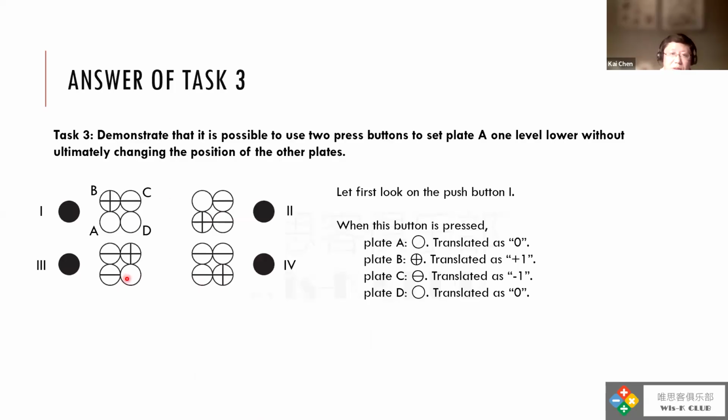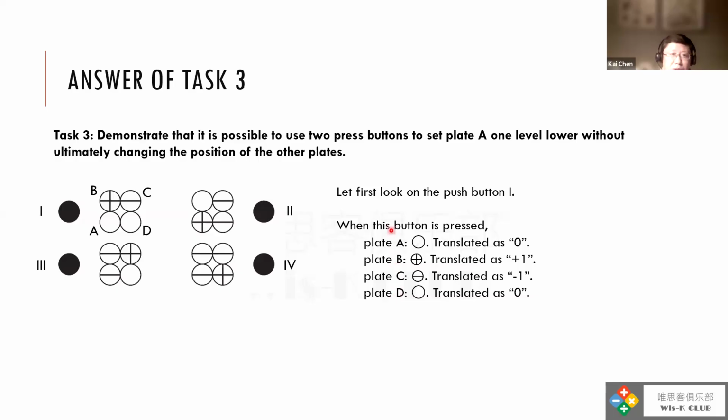I think both teams, maybe Annie or you also found this answer, but you didn't present it. And I think the last 2 teams found a very interesting combination. We can use 2 buttons and give a single change on plate A, but all the other 3 plates, B, C, D, won't be changed. They won't be impacted.